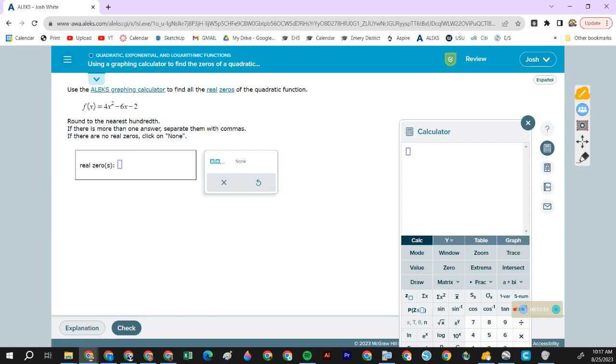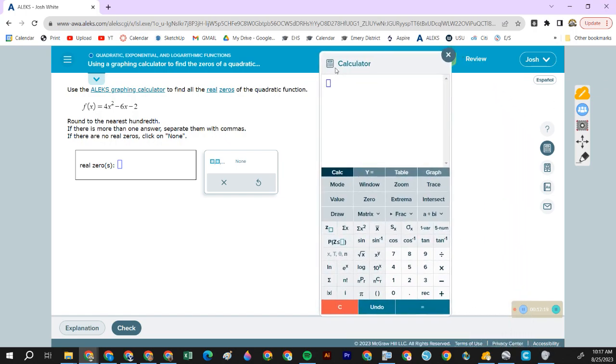So I go into y equals, and I type in 4x squared minus 6x minus 2. Then I push graph.